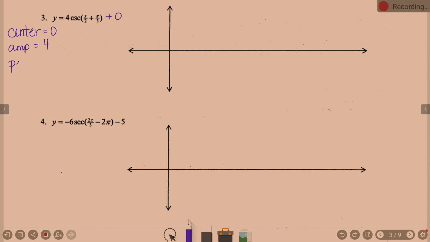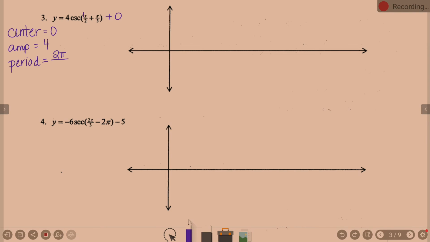Period. Okay. It's 2 pi divided by b. B is the coefficient of x, and this is x over 2. If that is x over 2, what's that invisible number in front of x? A 1, and thus it is the 1/2.